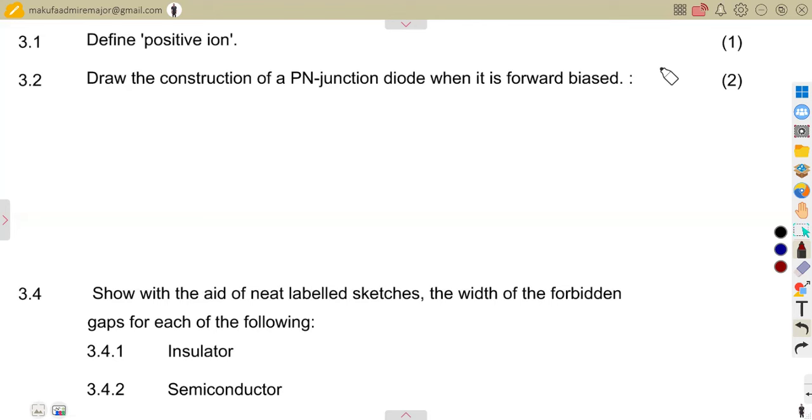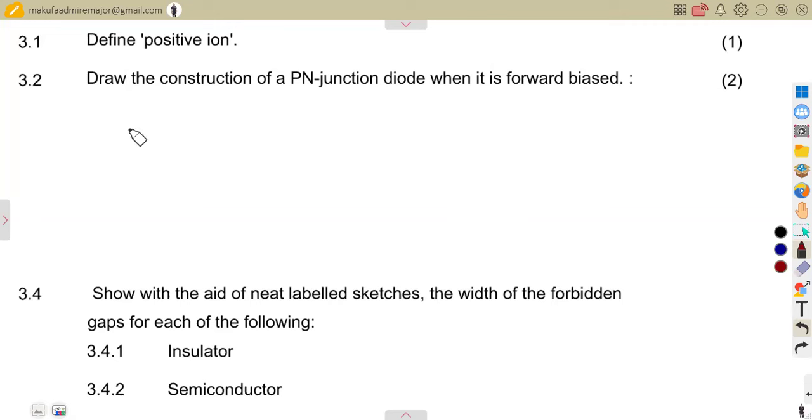So in this case, we are going to work with semiconductor physics to understand what we are required to know in order to attempt typical questions such as what we are given in this part.